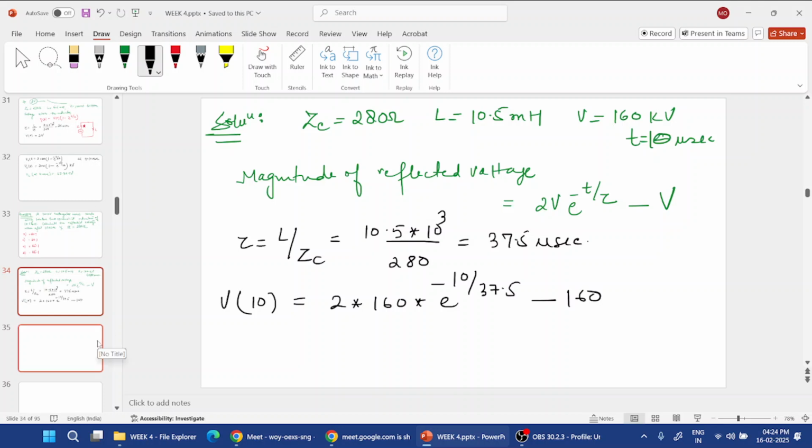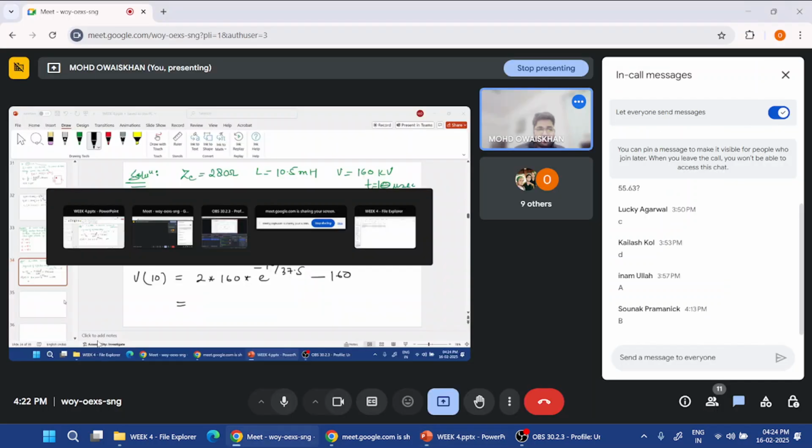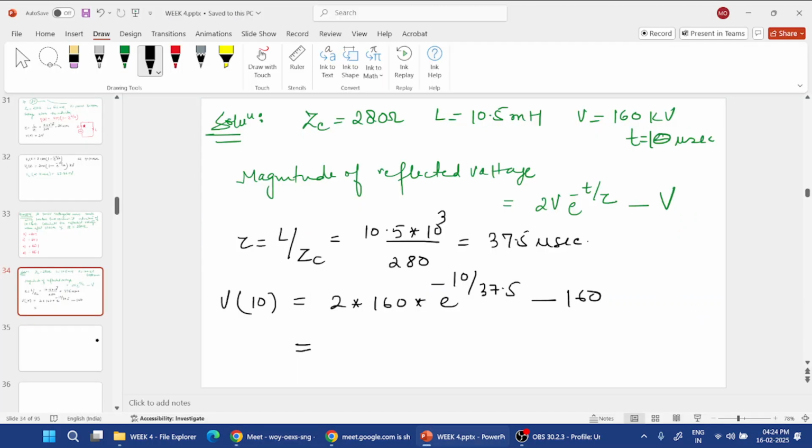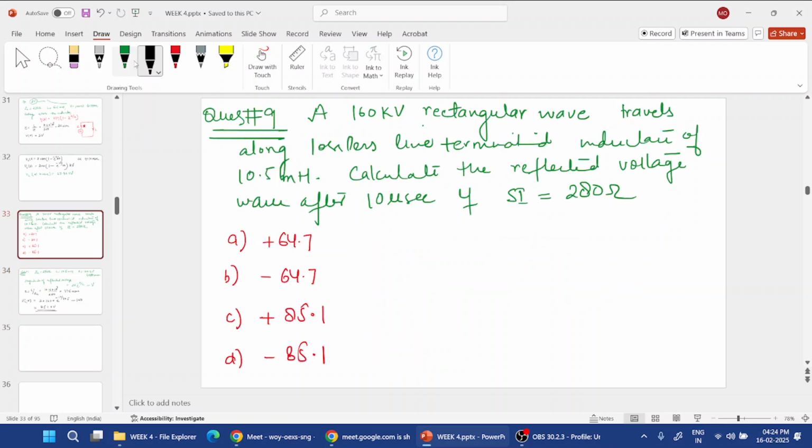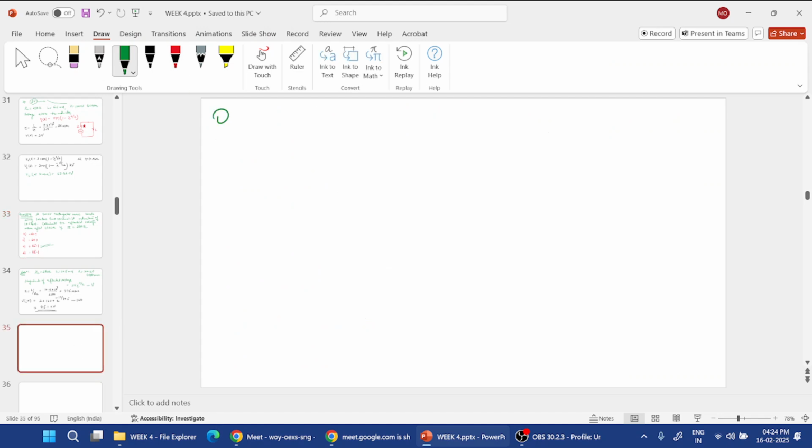If we solve it, it will come out to be around 85.1 kV. So the magnitude will be positive, and the correct answer will be C. Yes, 85.1, it's almost a rounded-off value.